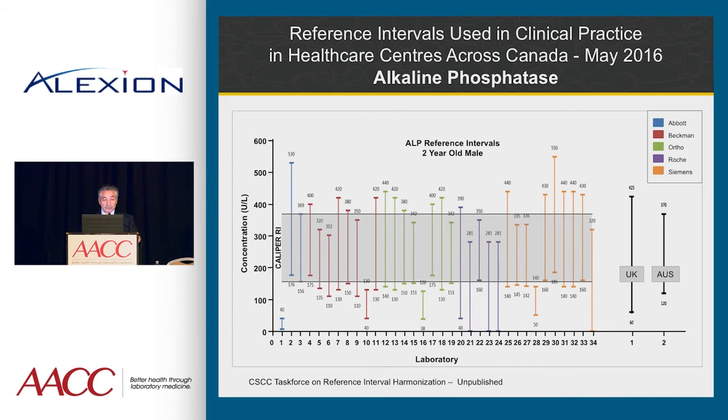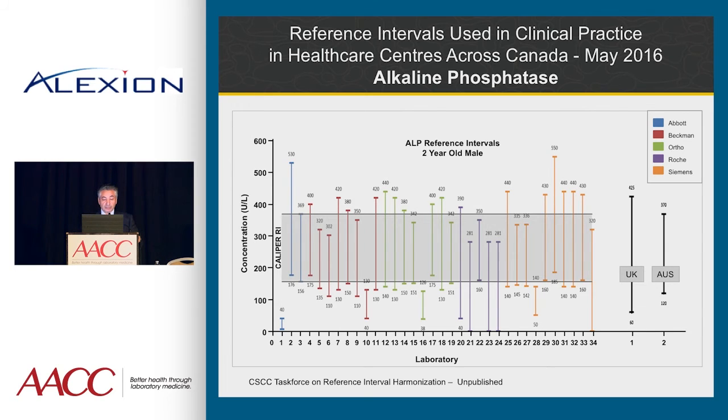Those lines represent the upper and lower limits of reference intervals, and we have anonymized the labs. You can see how variable the reference intervals are, and these are the different instrumentation they're using. Even people using the same instrumentation or reagent are using very different reference intervals for alkaline phosphatase.